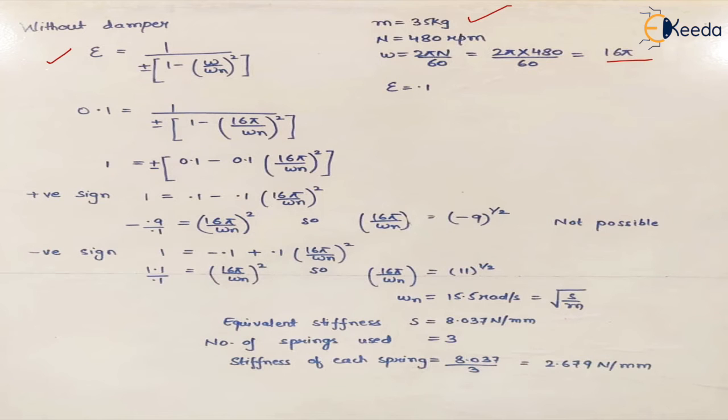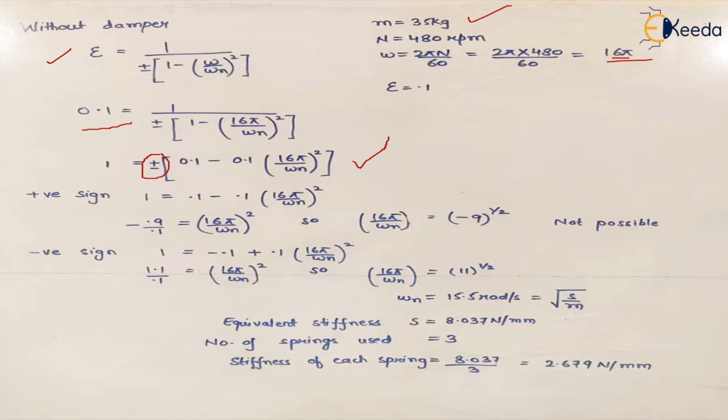Now the question says that only 10% of shaking force is allowed. That means epsilon becomes 0.1, right? And we already know the value of omega. So we can place the values, and this is the equation that we get, and we have to find the value of omega n. Now see, there are two possibilities for this equation, to use the positive sign and negative sign.